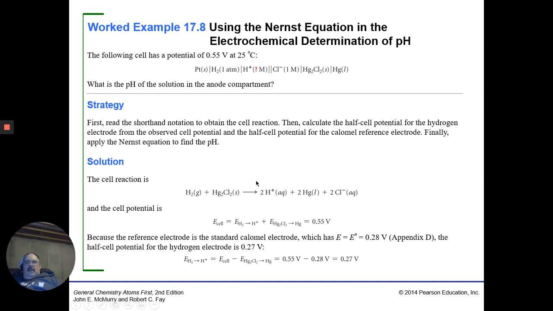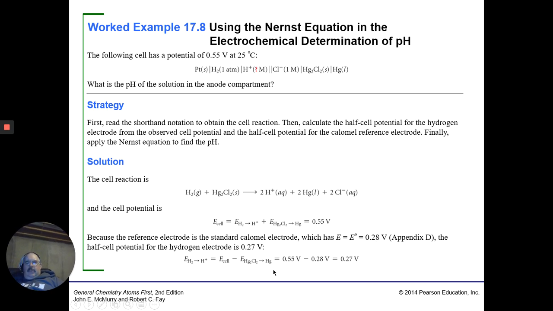So this is the overall reaction. Hydrogen gets oxidized, mercury gets reduced from +1 to 0, and the standard potential here is 0.27, or 0.28, I should say.